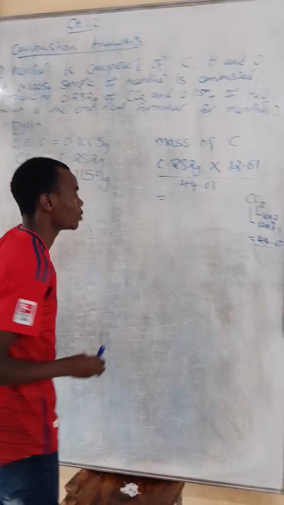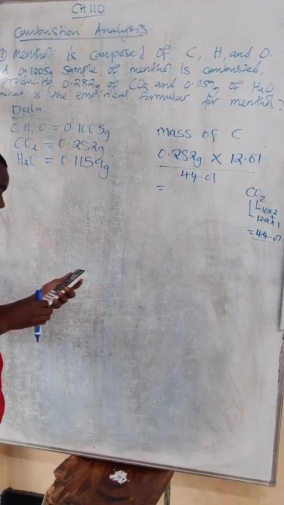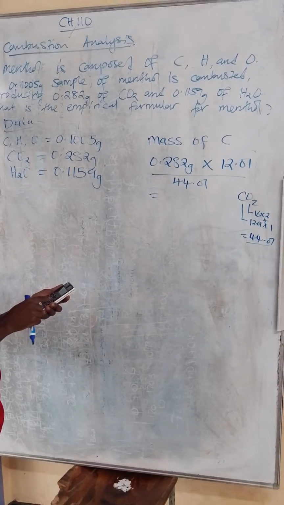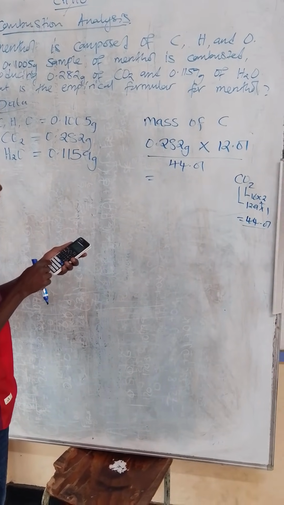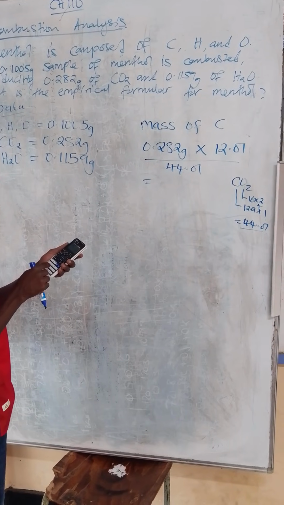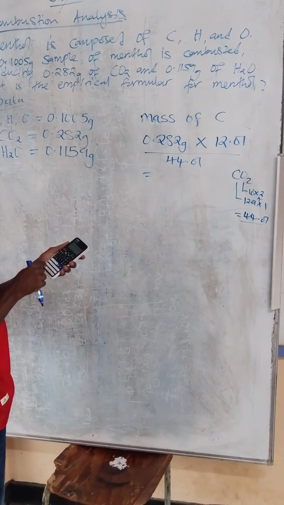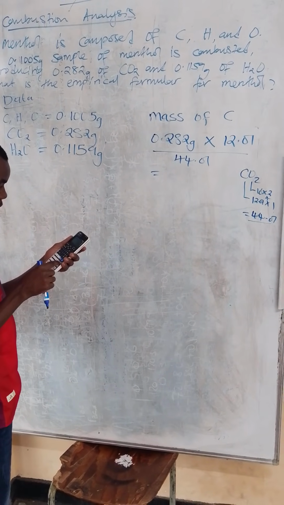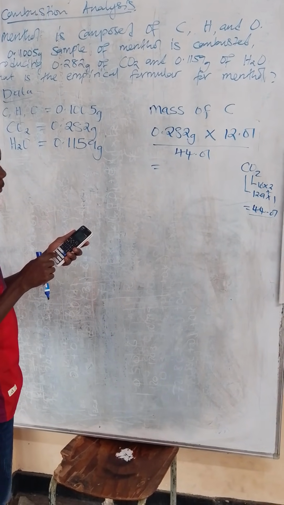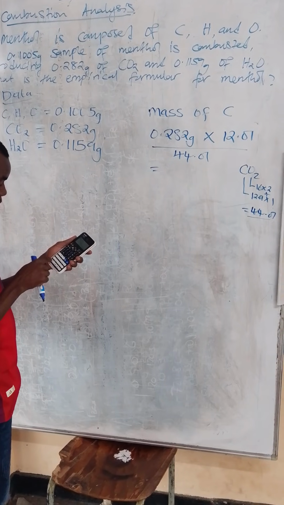From here, now we punch it in the calculator. So 0.282 times 12.01 divided by 44.01.